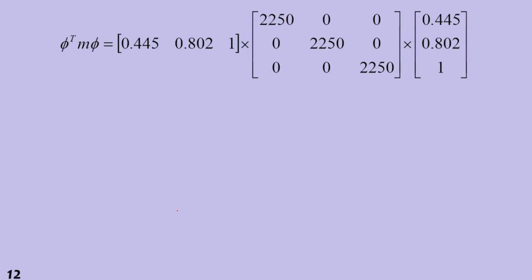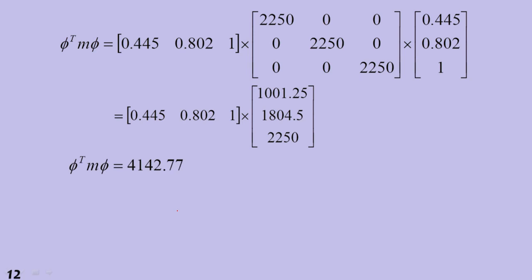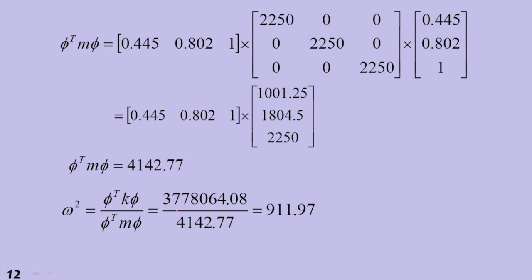Then similarly we evaluate the phi transpose M phi value and we get 4142.77. So if we calculate omega square as phi transpose K phi by phi transpose M phi, the value is 911.97. Then if you take the square root, that is 30.2 radians per second.